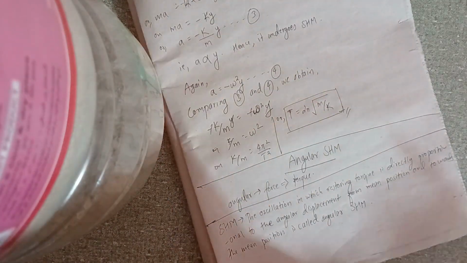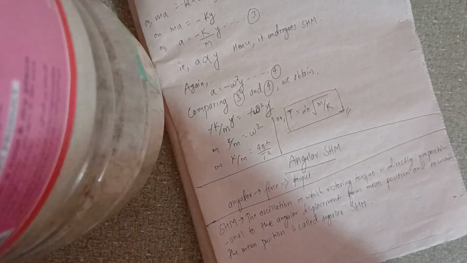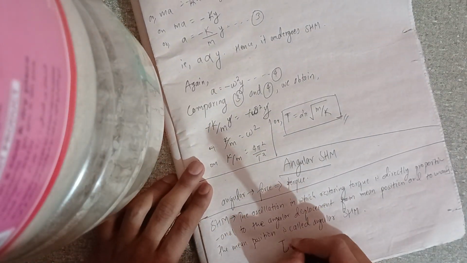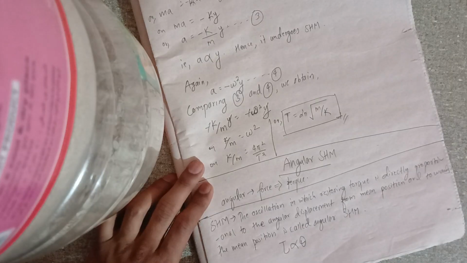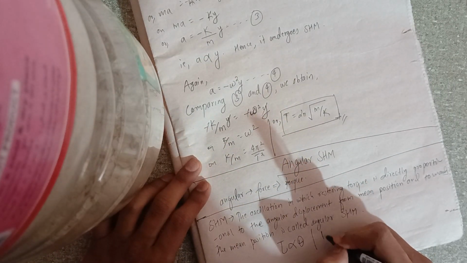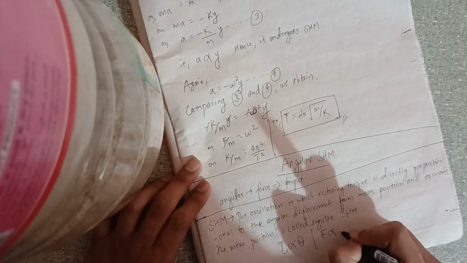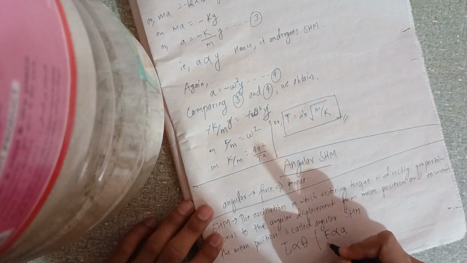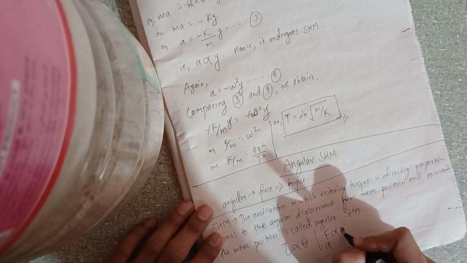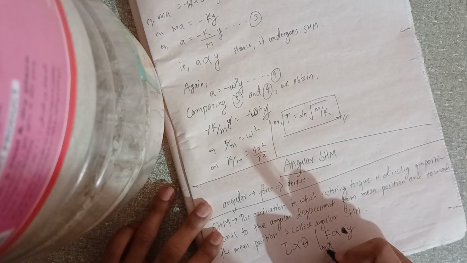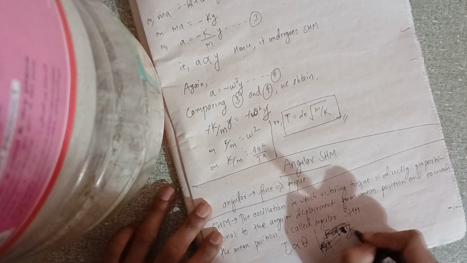I hope it's visible. Now what this basically implies is that torque tau is directly proportional to displacement theta, just like restoring force F is directly proportional to displacement. But we did not write that, right? We wrote A because F is MA, but M is a constant, so just forget it.